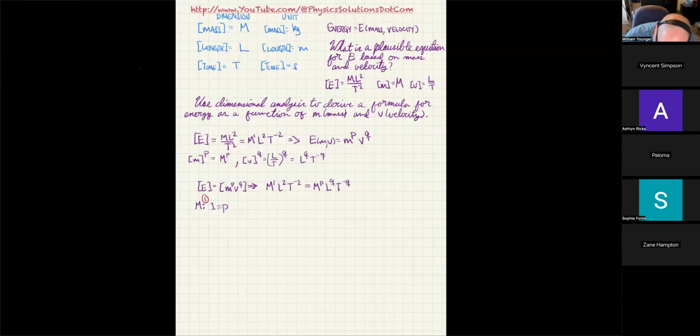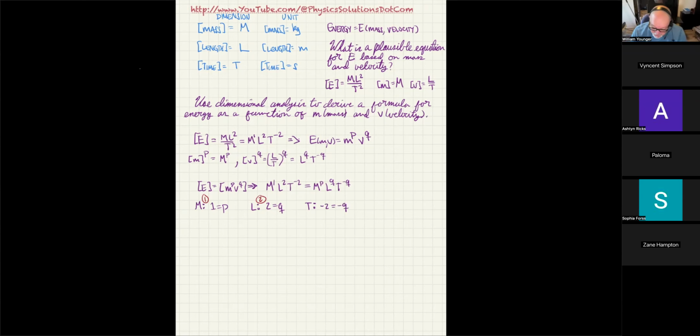Now, the next one is the L variable. On the left it is raised to the 2 power, but on the right it's raised to the q power. So that suggests that q must be 2. But I haven't satisfied all the equations yet, so I still got to make sure the T equation is valid. The T factor on the left-hand side has an exponent of -2, and on the right-hand side, it has an exponent of -q.